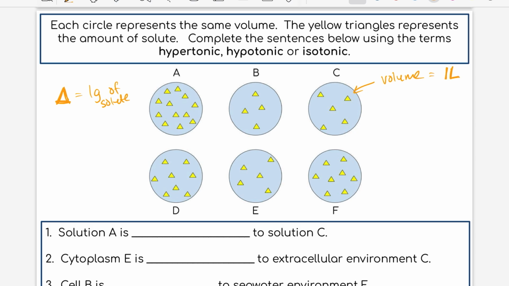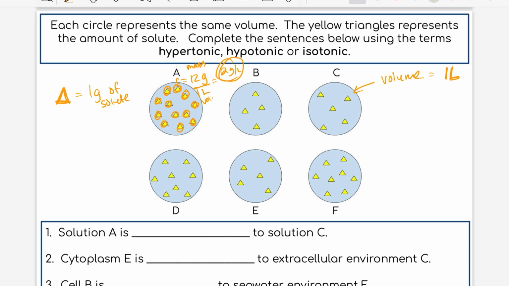So in this case here, you've got 1, 2, 3, 4, 5, 6, 7, 8, 9, 10, 11, 12. You've got 12 grams of solute per 1 liter of solution. So this would equal a 12 gram per liter solution. That's the concentration, because it's mass divided by volume.